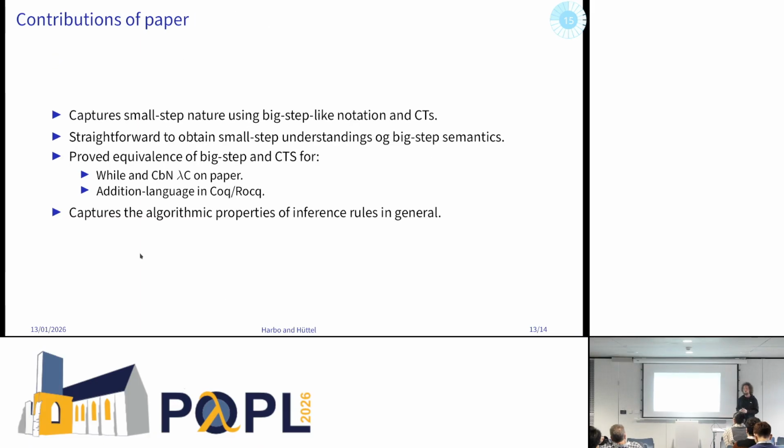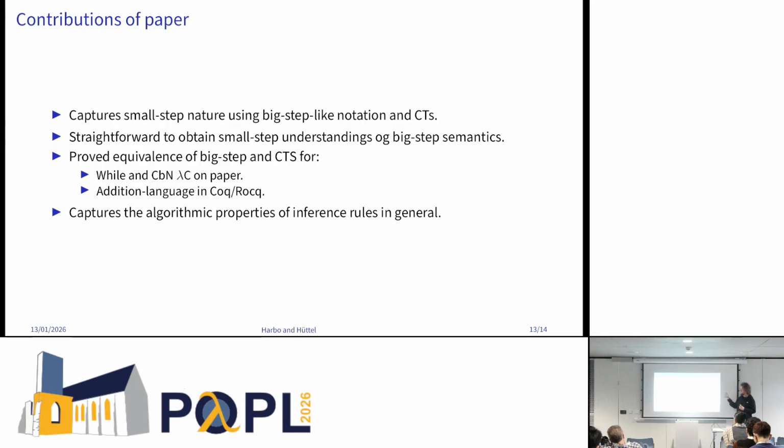So what you have seen is computation-tree semantics, wherein we capture the big and small step aspects of a semantics, and the key data structure that enables this is the computation tree. We show that we can do a straightforward conversion from big step rules to CTS rules, and through that obtain a small step understanding of a big step semantics.